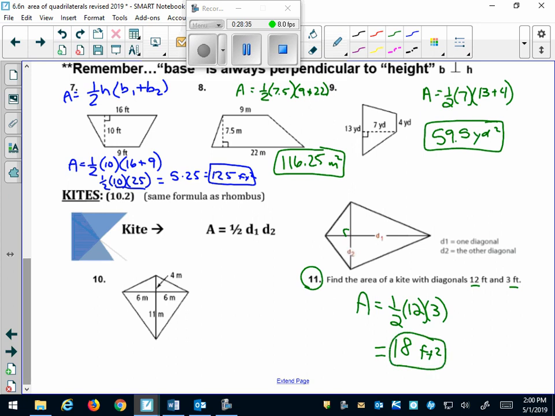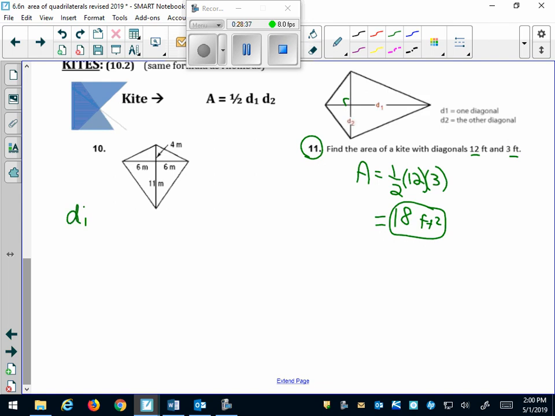But let's look at number 10. D1 and D2. If I call the longer diagonal D1, how long is that? 15. So notice sometimes they write things separately here. You want to add them together to get the whole length. So D1 is 15.